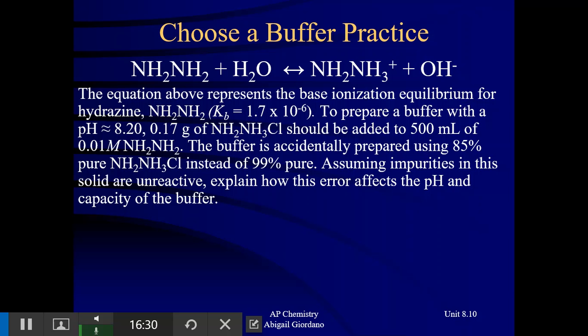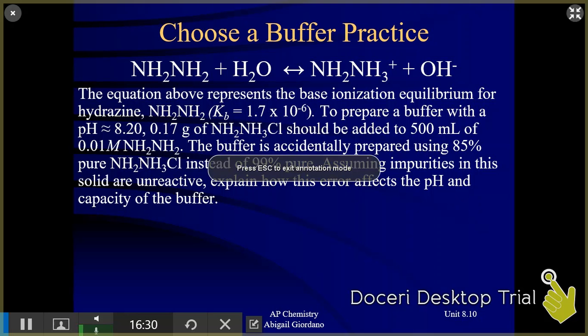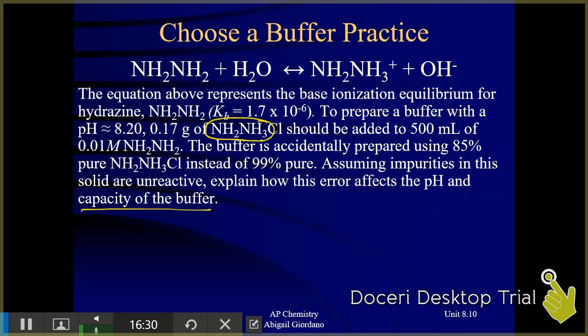Okay, I'm actually going to go a little bit out of order, and I'm going to focus here. Because it's not the base that's affected, it's the amount of conjugate acid that's affected. If I'm only using 85% pure hydrazinium chloride, that means I'm going to have fewer moles of the conjugate acid.